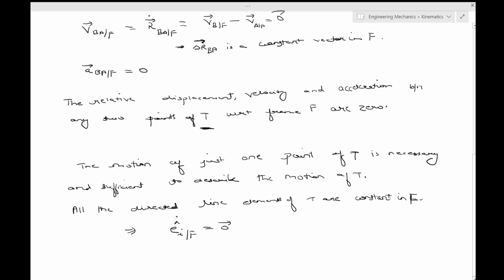So E1, E2, E3, all of them will be equal to 0. And once that is there, then equations 1.47 and 1.50 will give. Okay, we had done the most general case earlier on. So let's see.